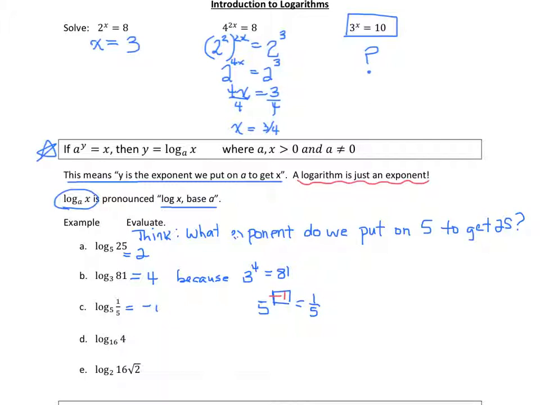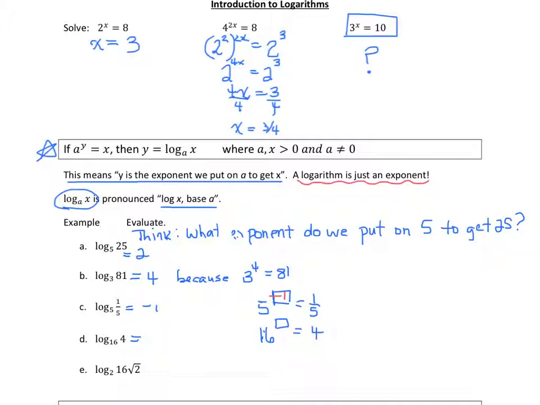Next one, what exponent do I put on 16 to get an answer of 4? Now anytime your answer is smaller than your base, like in this case 16 to what exponent equals 4, which is a smaller number, you should be thinking in terms of your rational exponents.